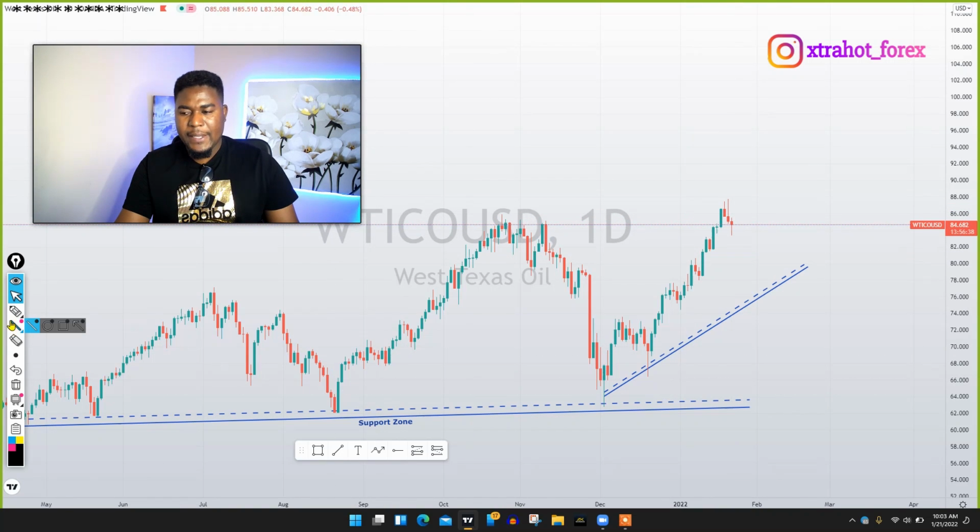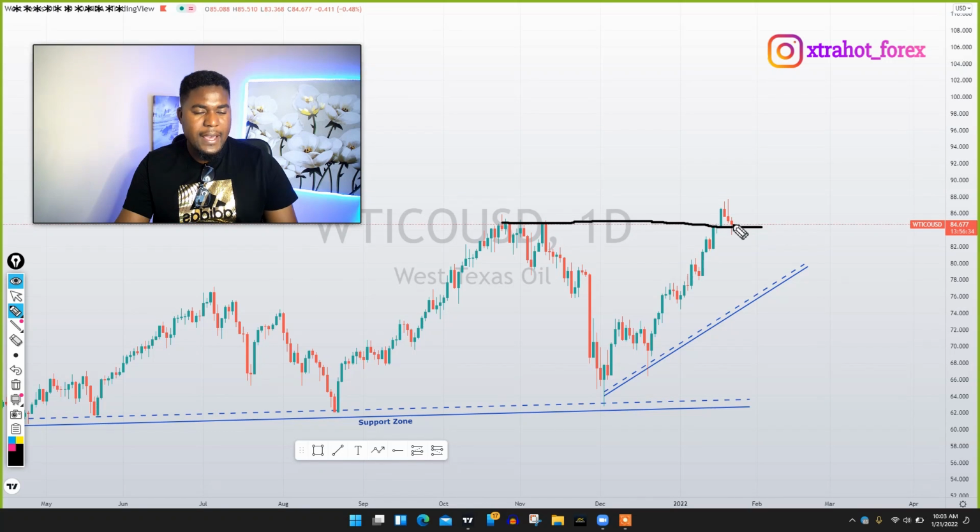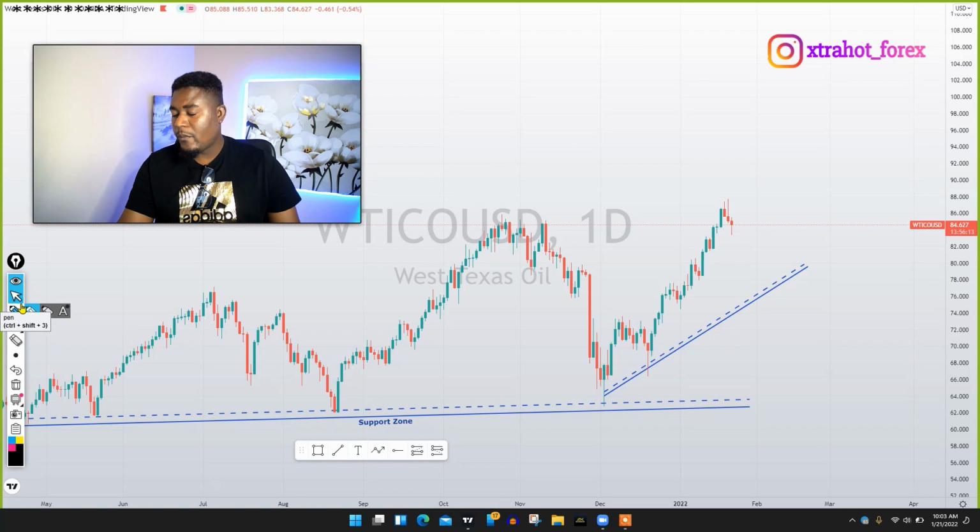Around this area we had that resistance, and the market was supposed to come back and retest before pushing up, but it seems like the market is going a bit lower. We don't know if maybe it's going to push again, because it seems like it's pushing up again. So let's check on a smaller time frame, like maybe 2 hours.